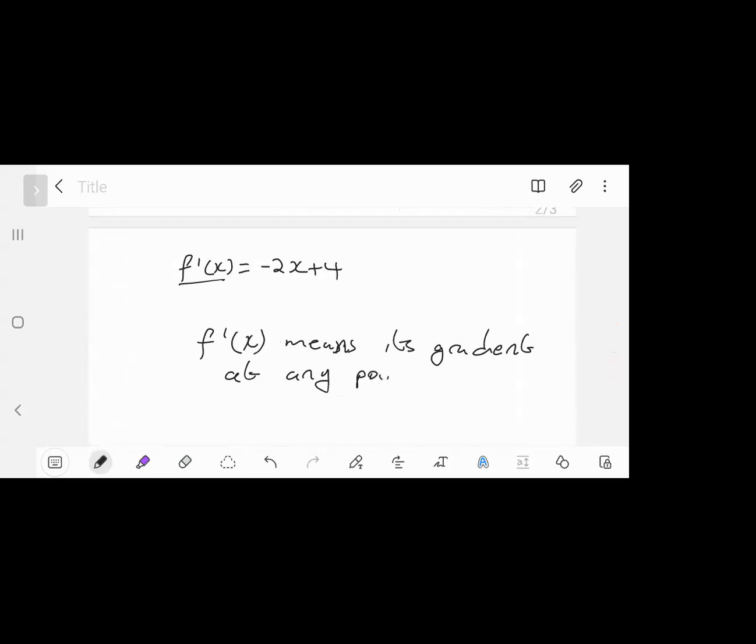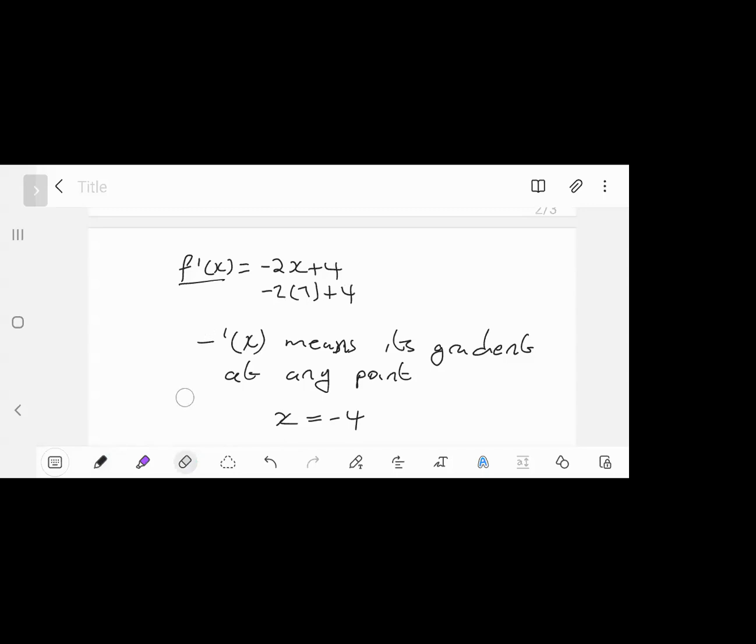It's the general equation for the gradient at any point. If I want the gradient at x equals negative 4, I will substitute negative 4 here. If I want the gradient at x equals 7, I will substitute 7. It will give me the gradient at 7.